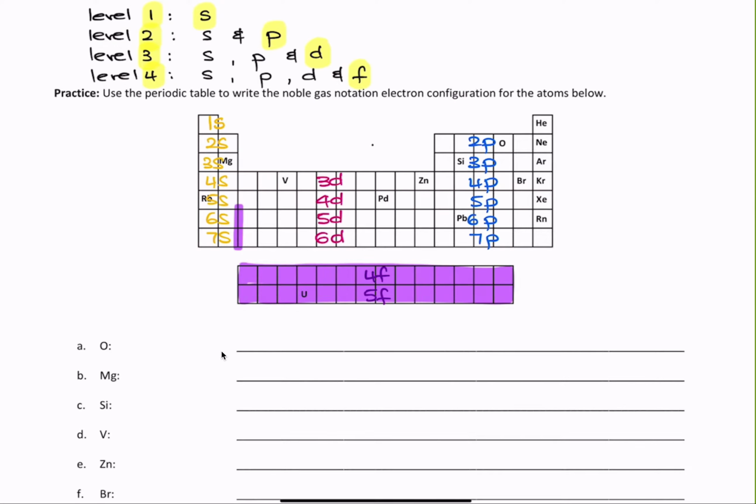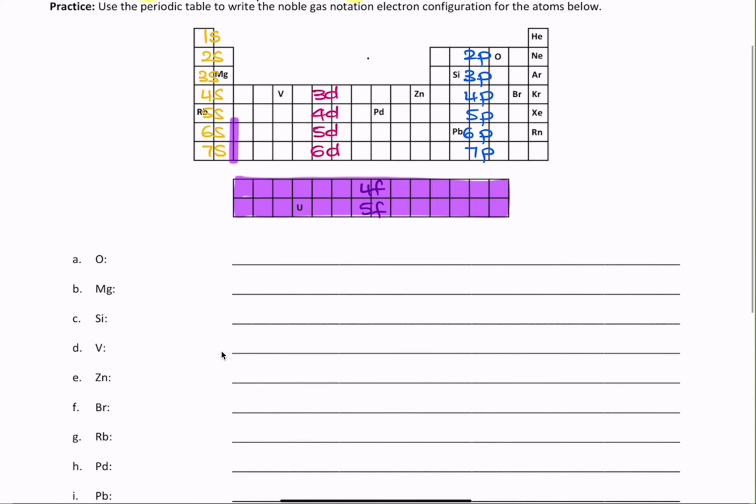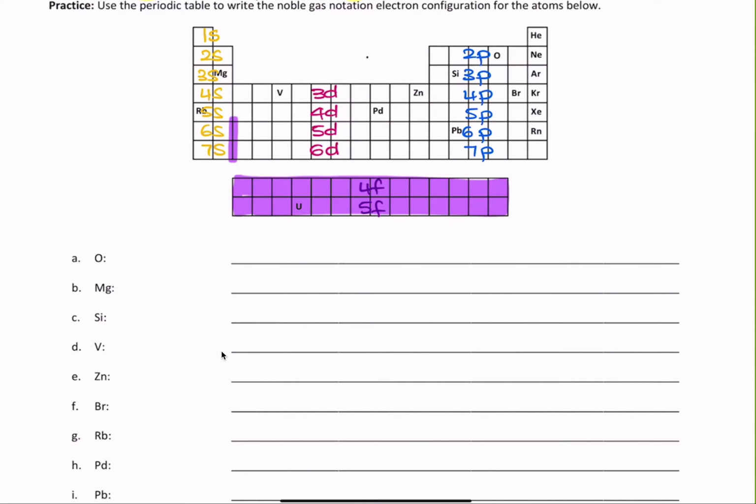So now that we have done all this, we can start reading our electron configuration. Let's do our first element. So we have to do oxygen.